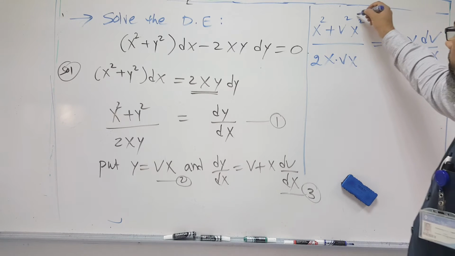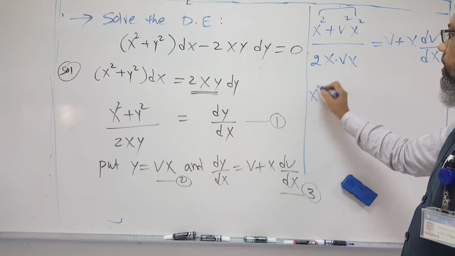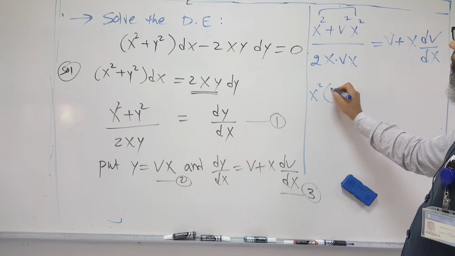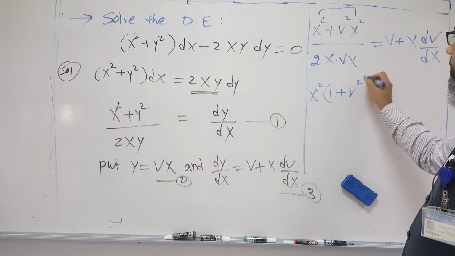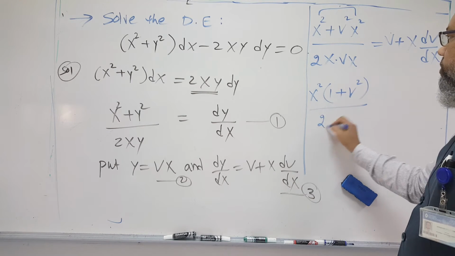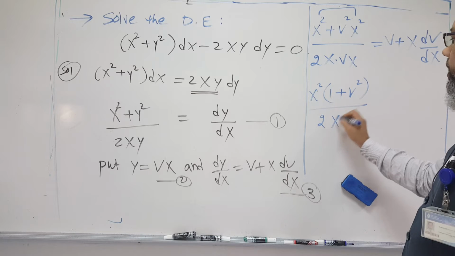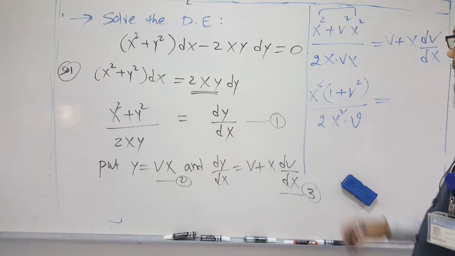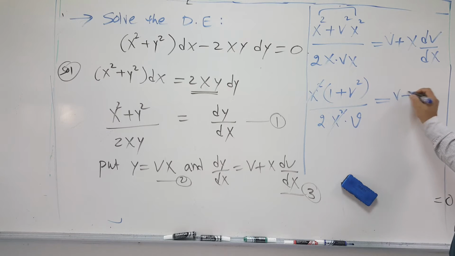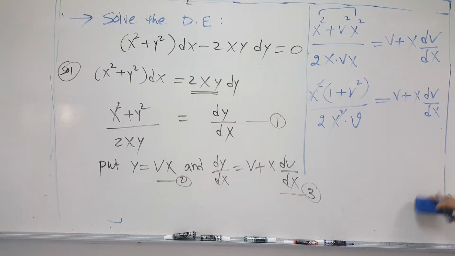So here we can take x square common, because x square is there in both the terms. So x square is gone, 1 plus v square here. Here, if you see, 2x multiplied by x, x square v, so x square and x square in the multiplication cancel. V plus x dv by dx copied as it is.